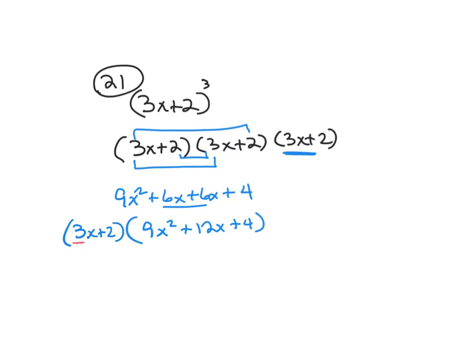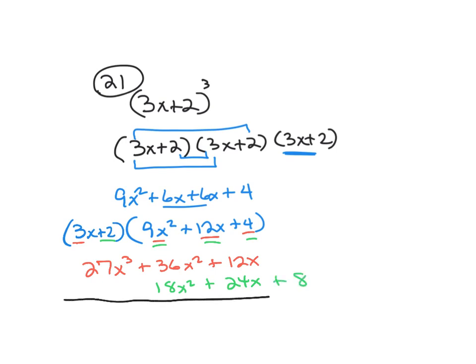So the 3 will go to all 3 things, and then I'll do the same thing with the positive 2. So 3 times 9, 27x cubed, and then it'll go to the 12x, 36x squared, and then to the 4. Now I'll distribute the positive 2, and that'll give me 18x squared, and then I'll do it to the 12, 24x, and then lastly to the 4.